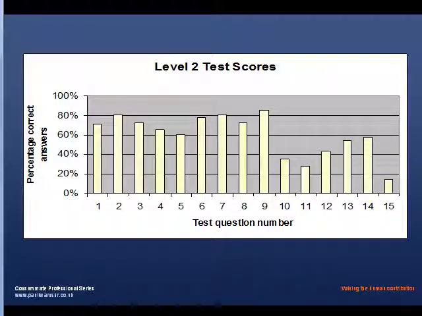This very simple chart tells us that most people in the group knew the answer to question 9 and very few knew the answer to question 15. If you give out pre-training tests, one thing it helps you to do is refine the design of the training program. So here, for example, there would be more emphasis put on the subject content of question 15 to make sure people really understood it.